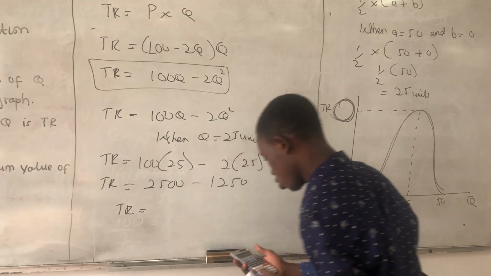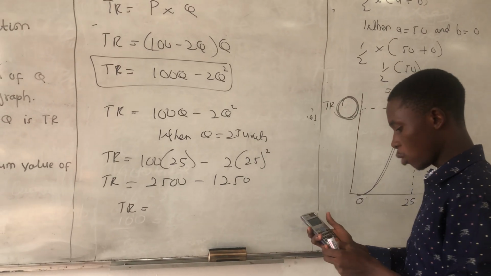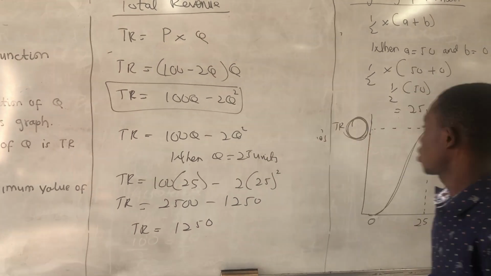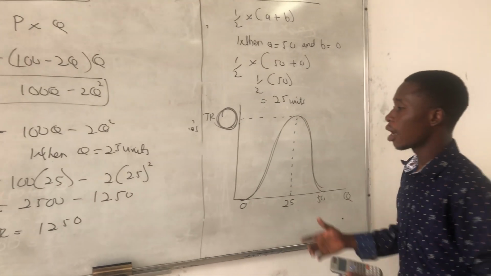So total revenue is equal to 2,500 minus 1,250, which gives 1,250.